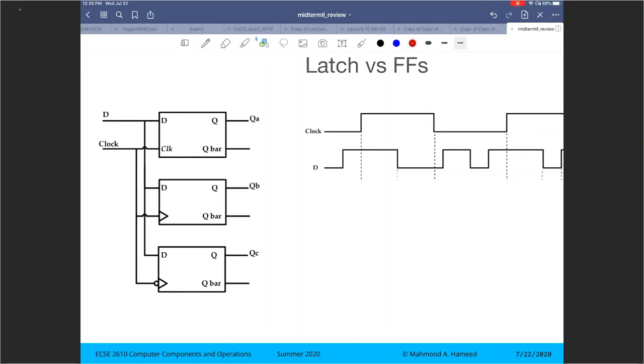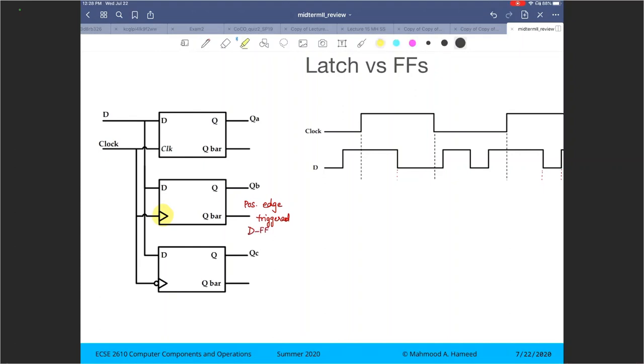For example, I see a triangle over here, which indicates that that is a positive edge triggered D flip-flop.